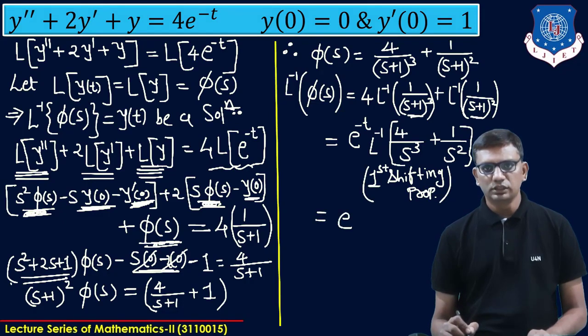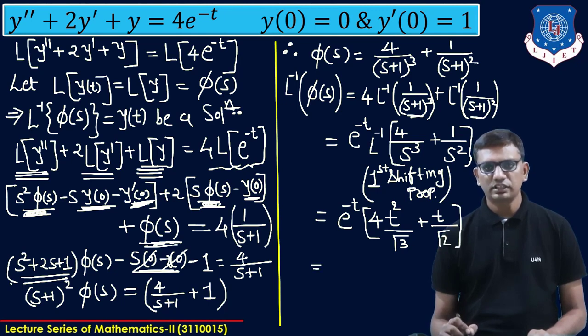Now we know the inverse Laplace of 4 upon s cube, which is 4 into t square upon gamma 3, plus we know the Laplace inverse of 1 upon s square, which is t upon gamma 2. Now we put gamma 3 equal to 2 factorial.